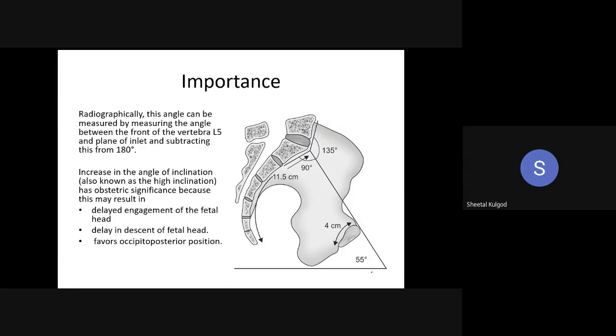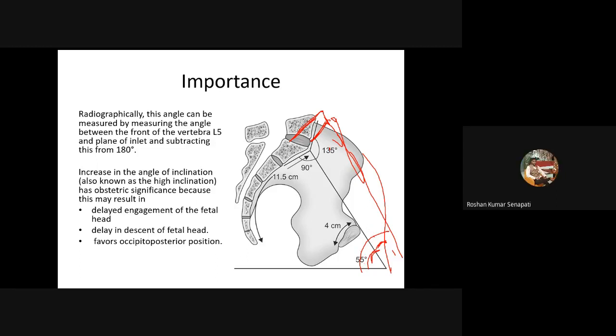Now, how it is important is that whenever there is an increase in the angle of inclination, also known as high inclination, as when there is lumbarization or sacralization of the last lumbar vertebra, that is, the lumbar vertebra is almost in line with the sacrum, the line you draw along the pelvic axis will be wider like this. So instead of 55 degrees, the angle of inclination will increase. It will become a more obtuse angle.